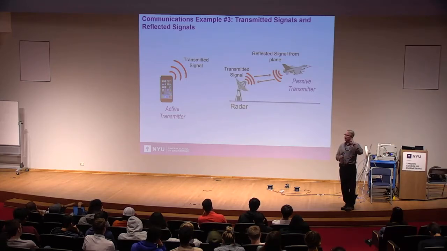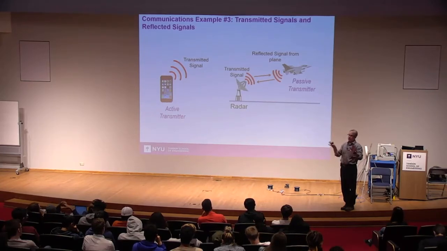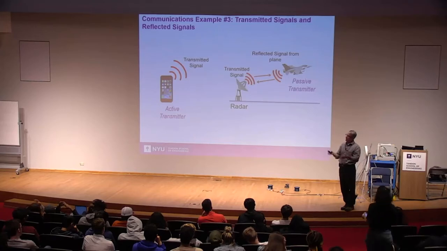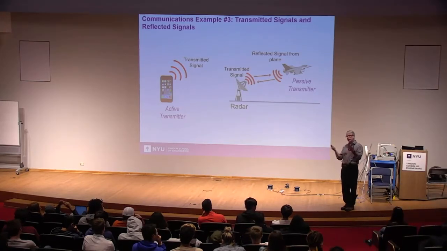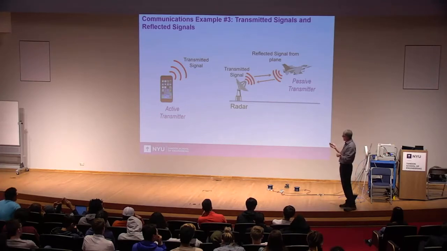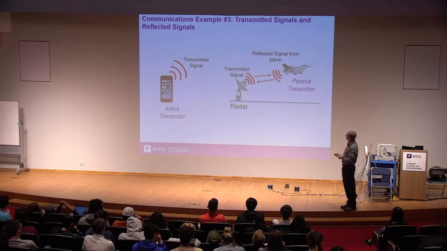Radar says, I'm going to send out a signal, let it bounce off my target, and my own signal is eventually going to return to me, and I'm going to measure that signal. In this case I'm showing a plane, which is really a passive transmitter. It's not trying to communicate, it just happens to be metal, and the energy that bounces off of it is returned back. That could be a good thing or a bad thing, depending on the application. So I can communicate just by what's called reflective communication.